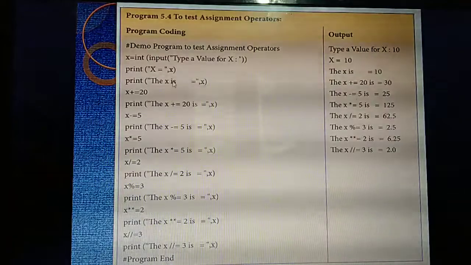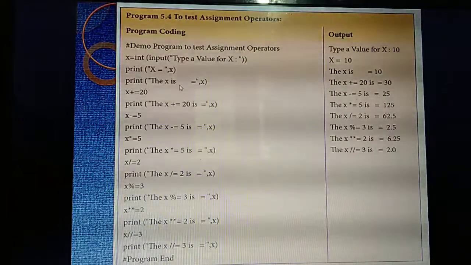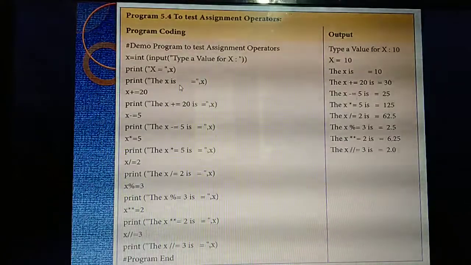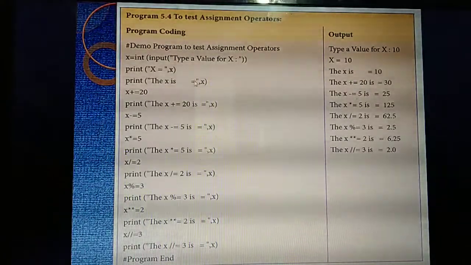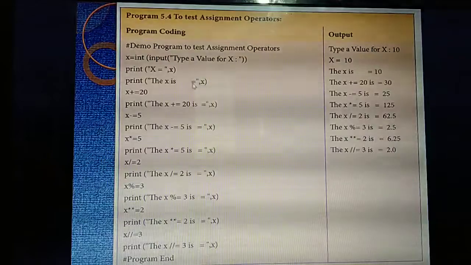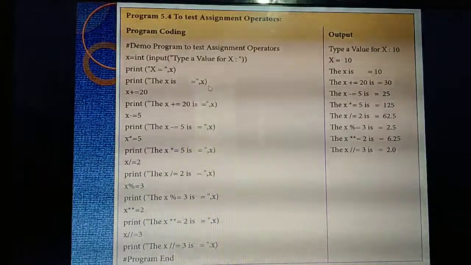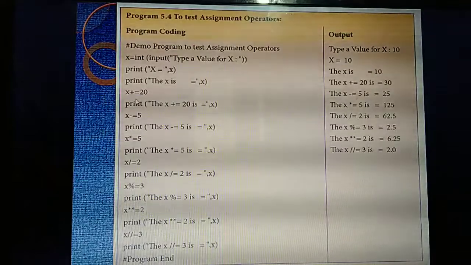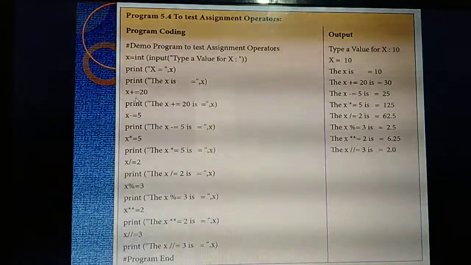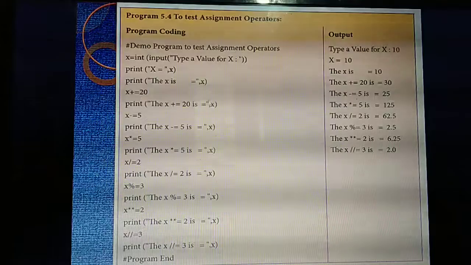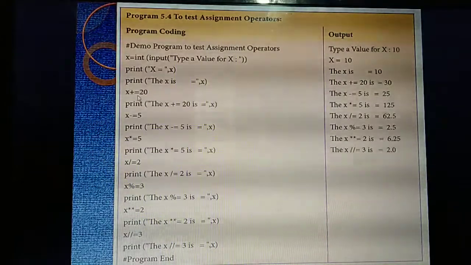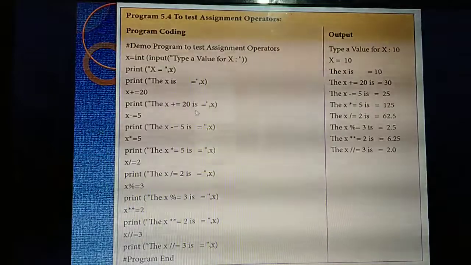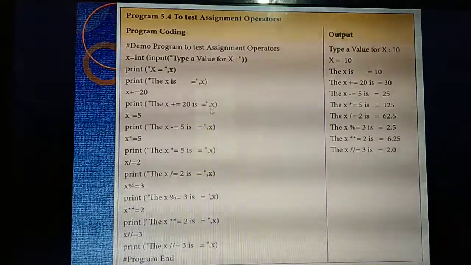Next, what you need to do? Print the X, that means the value you need to print. The first operator you have studied is the equal to operator: the x equal to whatever value you give, that value will be assigned to variable x. Next, x plus equal to 20. The same calculations I explained in the last slide they have given here. You print the x plus equal to 20 calculation, and the answer you will get here.